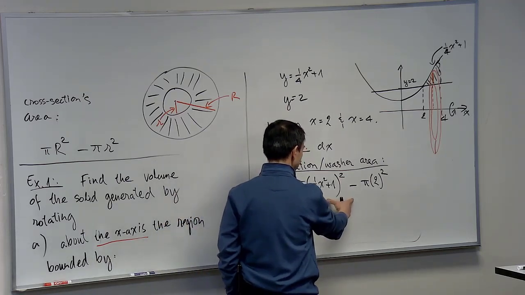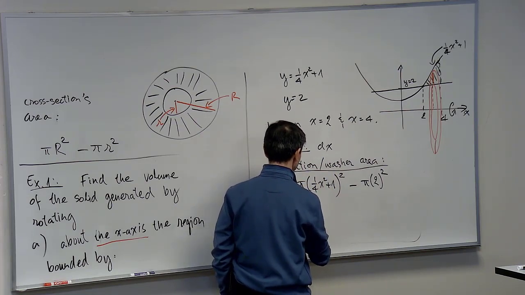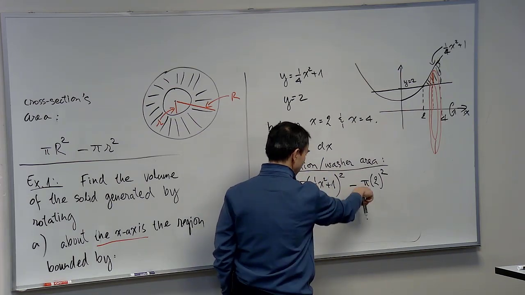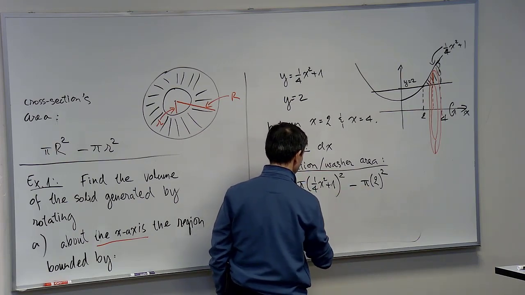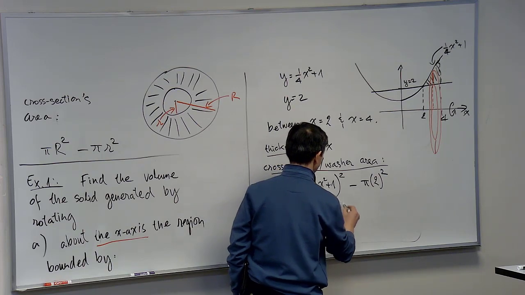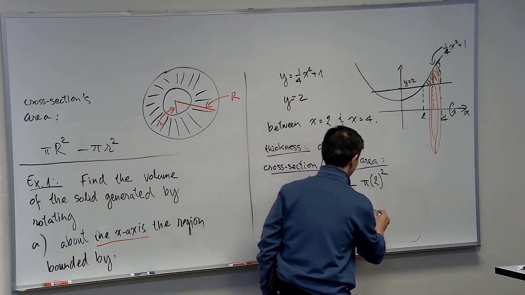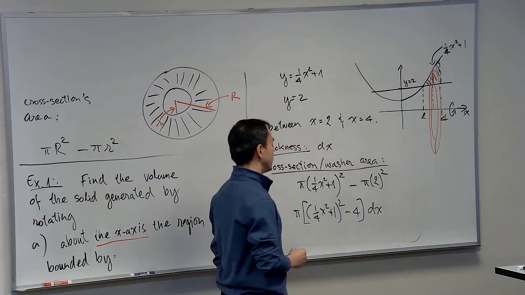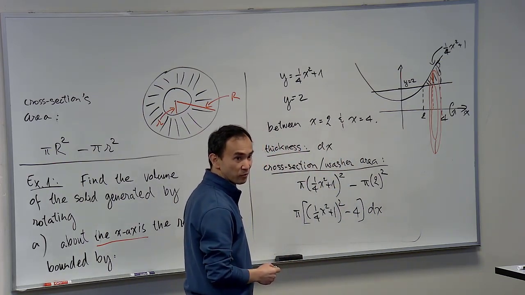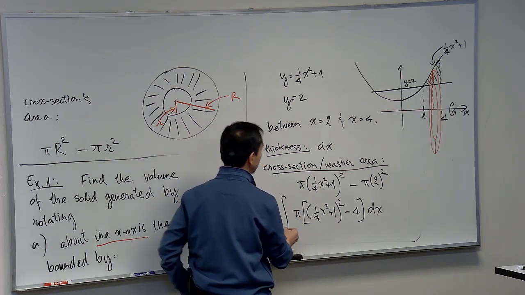So cross-section area multiplied with thickness. Here we're looking at pi, and I can factor out the common factor of pi. So pi times 1/4 x squared plus 1 all squared minus 4. This is the cross-section area multiplied with thickness, and we get the volume of one washer. Then we accumulate all of the washers' volume.